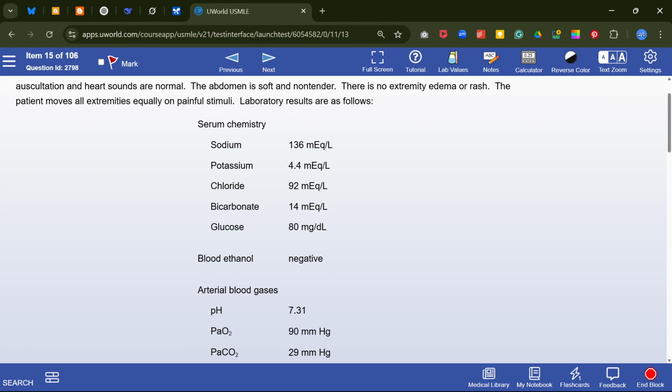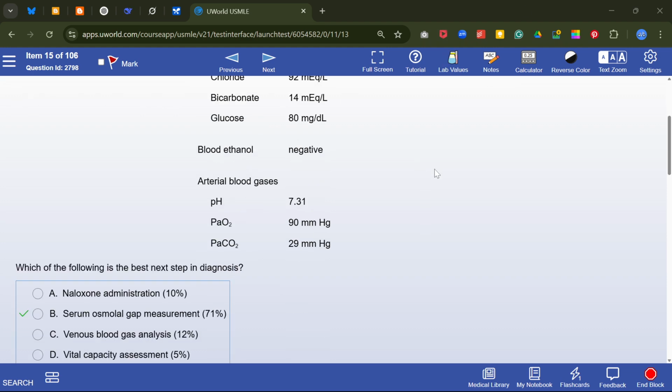Now we can calculate: sodium 136, chloride 92 plus bicarbonate 14. So 92 plus 14 is 106. So 136 minus 106 is 30, high anion gap metabolic acidosis.